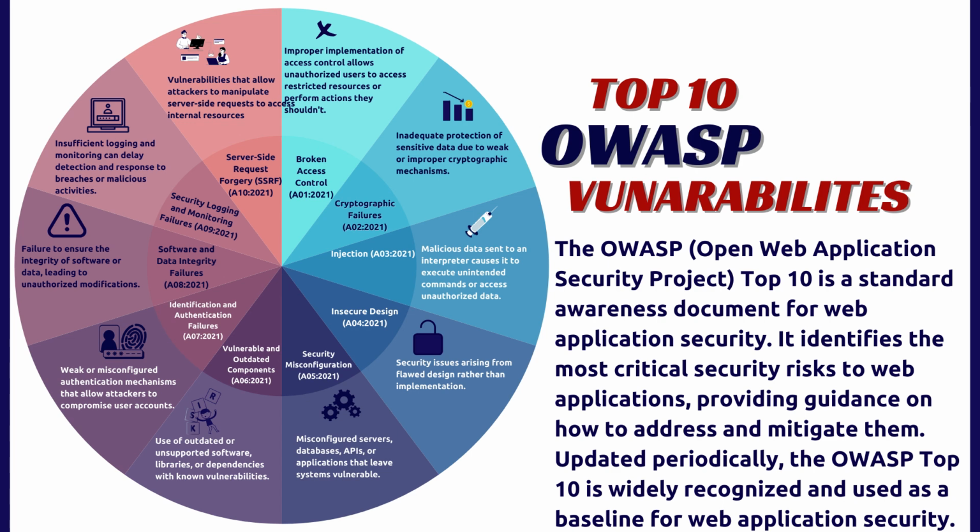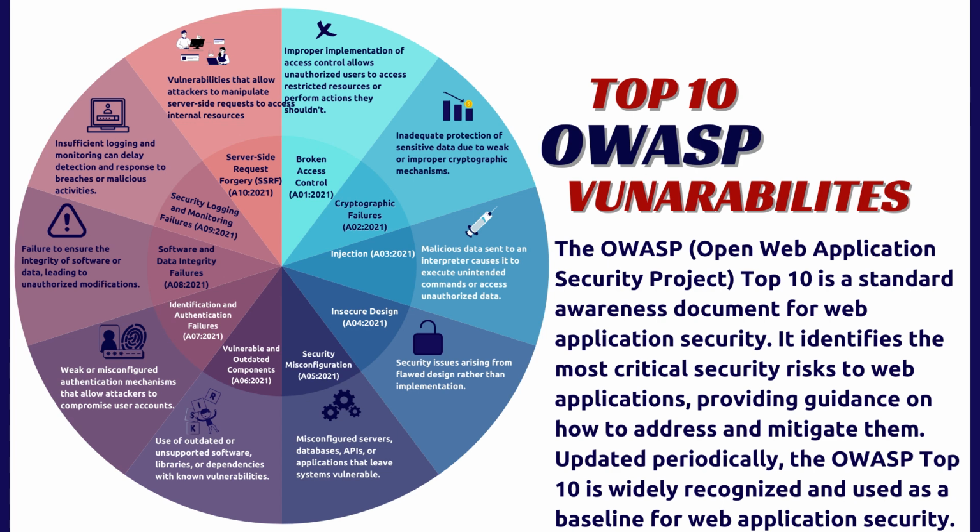Weak or misconfigured authentication mechanisms that allow attackers to compromise users' accounts. Number 8, we have the software and data integrity failures, which is the A08:2021. What is its description? Failure to ensure the integrity of software or data, leading to unauthorized modifications.